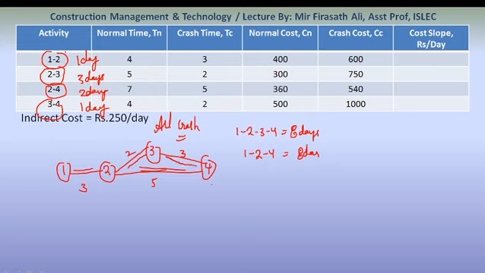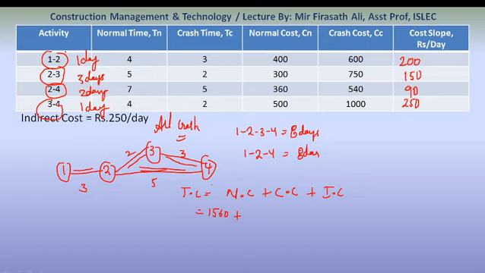So, now let us determine total cost. Total cost is normal cost plus crash cost plus indirect cost. Normal cost 1560 plus, let us write the values: 200, 150, 90, 250.